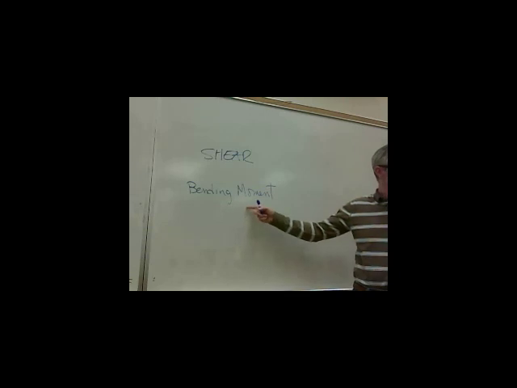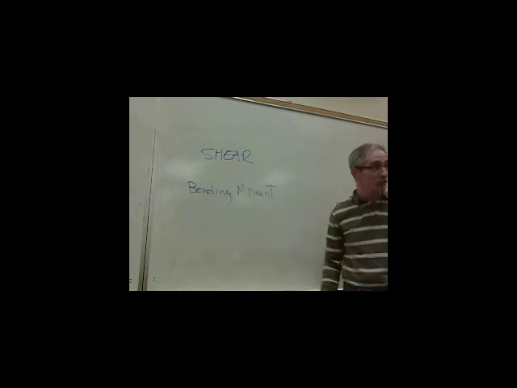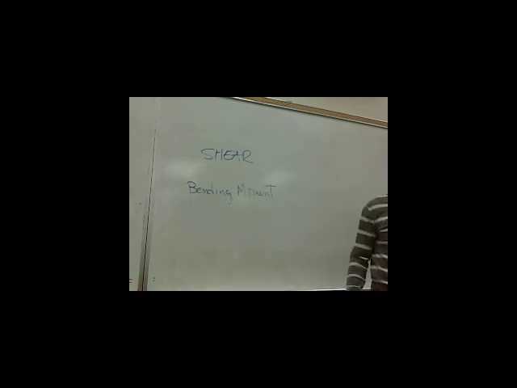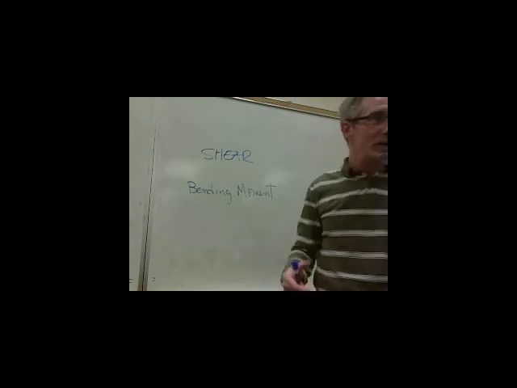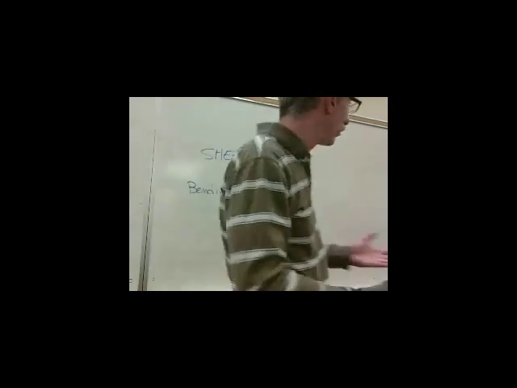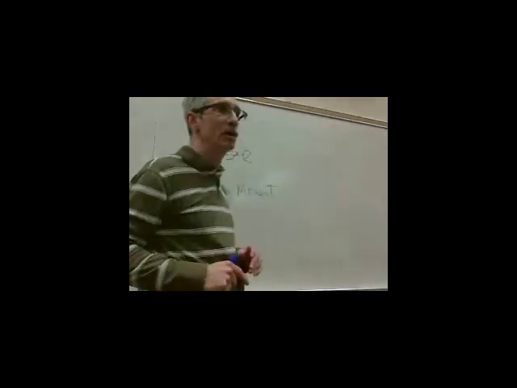Where are they probably going to tell you to drill the holes? Yeah, probably towards the supports. There's a reason for that. We're going to learn the basics of what they're talking about here, and it's all relative to shear and bending moment on those beams.